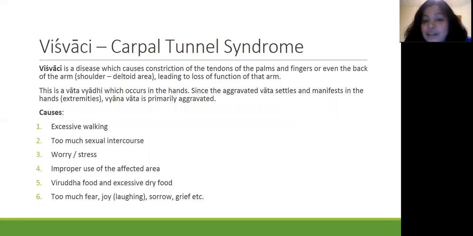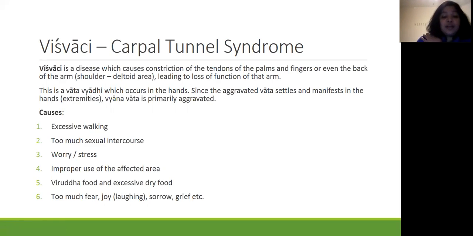So here, this is somewhat what we look at from the Ayurvedic perspective of what carpal tunnel is. Now, it's not an exact translation. Vishwachi doesn't mean that it is only carpal tunnel. It can also, as you can see here, Vishwachi is a disease which causes contraction of the tendons of the palms and fingers, or even the back of the arm, which is basically the shoulder and the deltoid area.